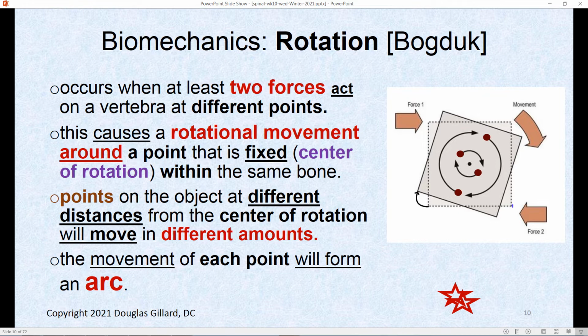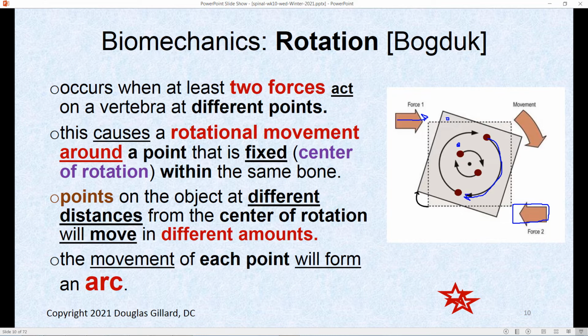This could be a ligament holding this, but it still acts as a force at this corner, as long as we have one pushing force going on here. That will cause a rotation. And rotation will have the points on the block move different degrees. And this movement right here, that's called an arc.